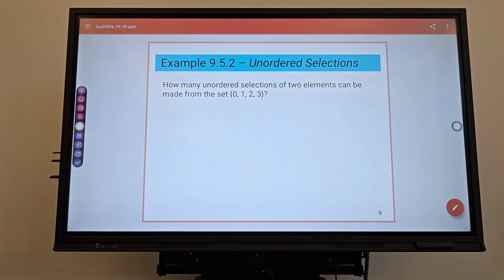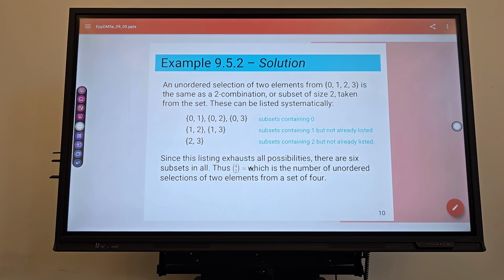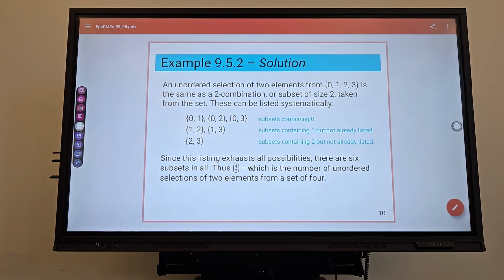Unordered, so the order that you choose them doesn't matter. So an unordered selection of 2 elements from the set is the same as a 2-combination or subset of size 2 taken from the set.